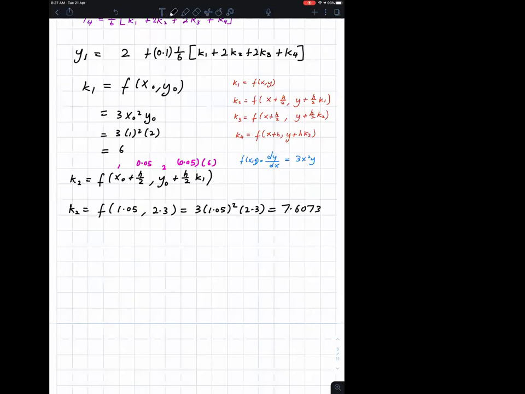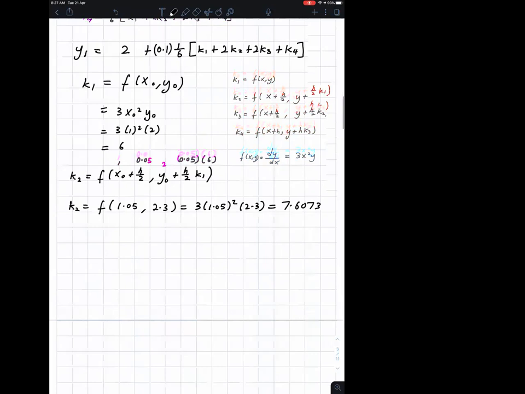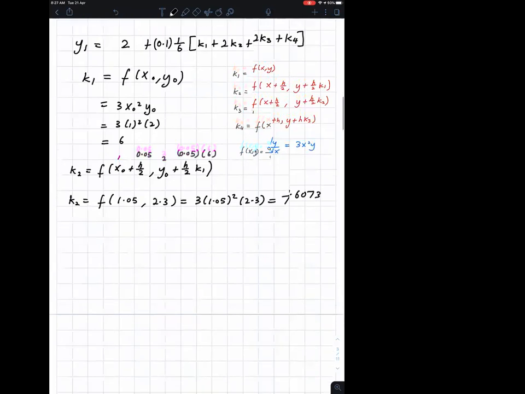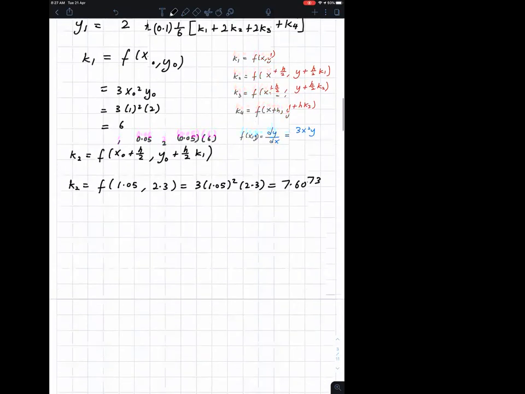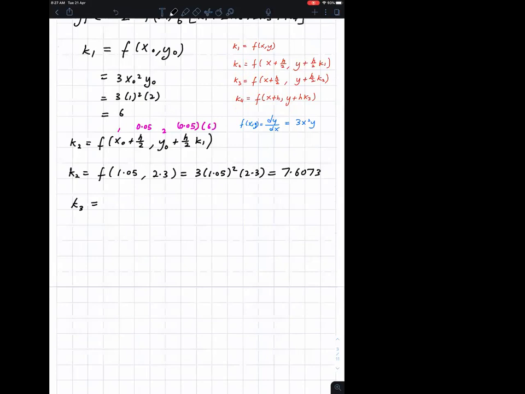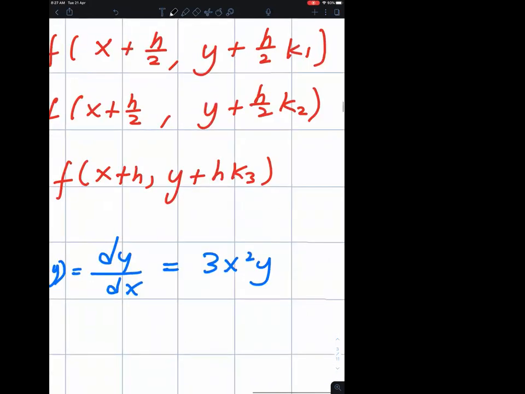Then K3, similarly, you repeat the same thing. All these are basic algebraic work. So K3 is going to be f(x plus h over 2, same as before, right? And then on the other side, it's not going to be the same. It's going to be y plus h over 2 times K2.